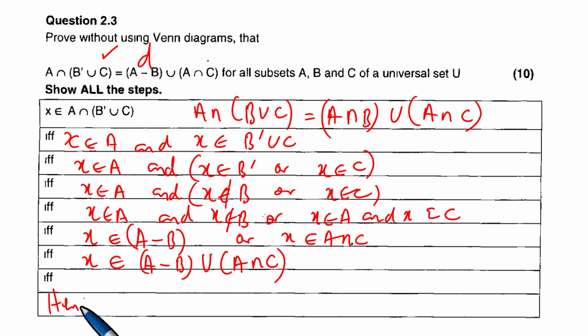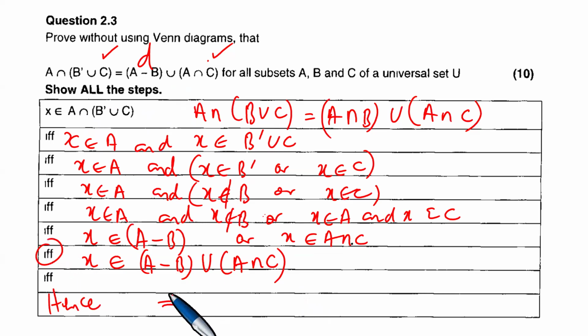Hence, in the end, obviously you would have proven this particular property. And so this is very clear that we have proven this particular property. In other words, we have shown that whenever X is an element of A intersection (B complement union C), it is exactly an element of (A minus B) union (A intersection C), and vice versa, because of the if and only if.